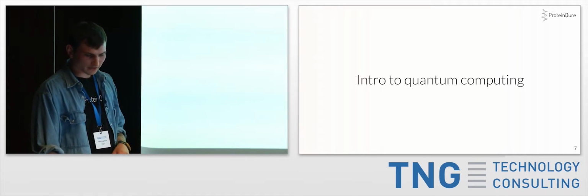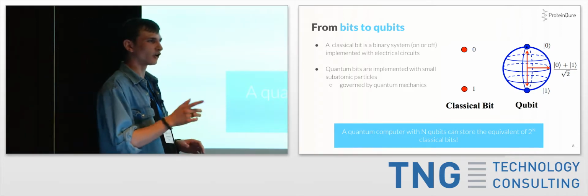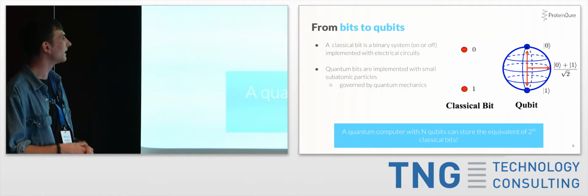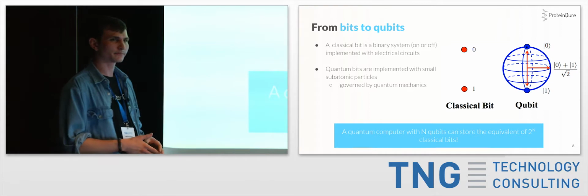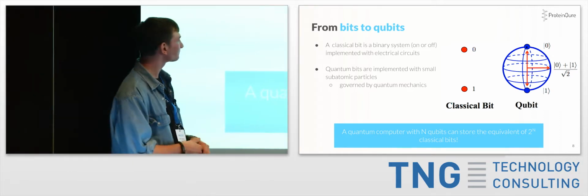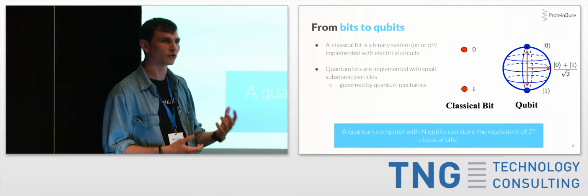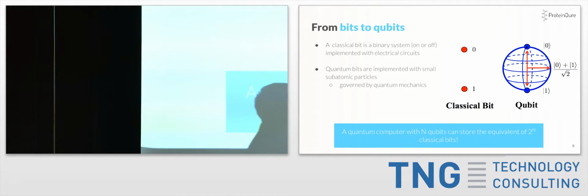So now I want to quickly dive into the basics of quantum computing for the people that haven't attended Colin's talk about the D-Wave's approach to quantum computing. So the idea here is that a classical computer is based on bits, which are either 0 or 1, whereas a quantum computer is based on this fundamental unit of a quantum bit, short qubit, and you get a much richer set of states.